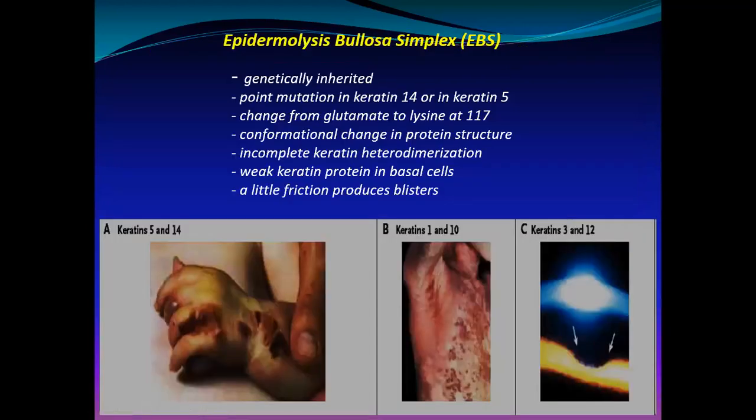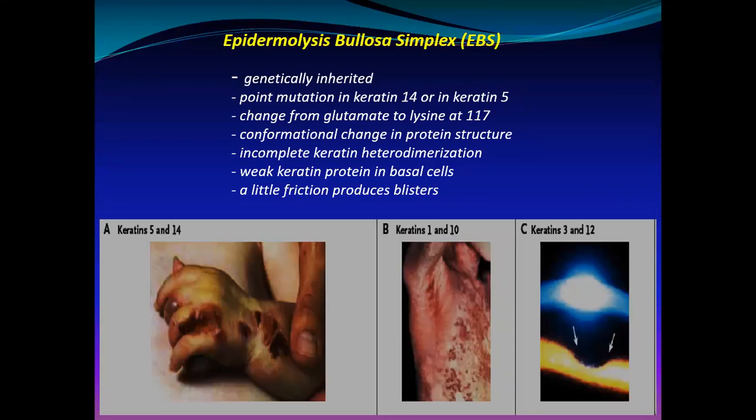So when there is a defect in the intermediate filament, we end up in a disease called epidermolysis bullosa simplex. It is genetically inherited, a point mutation in keratin 14 or keratin 5. The amino acid glutamate is changed to lysine at position 117. And then you will end up with a problem in heterodimerization.